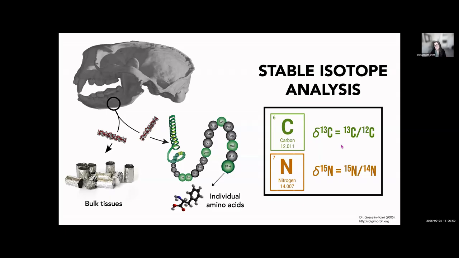But at its core, what stable isotope analysis does is it takes advantage of the fact that you or I or sea otters incorporate the chemical signatures of our diet and our environment into our tissues. And so as a result, isotopic values can allow us to reconstruct where organisms were feeding and their position in the food web.